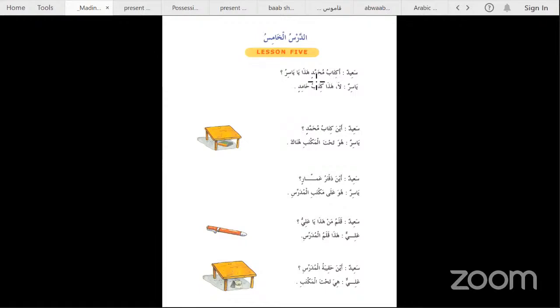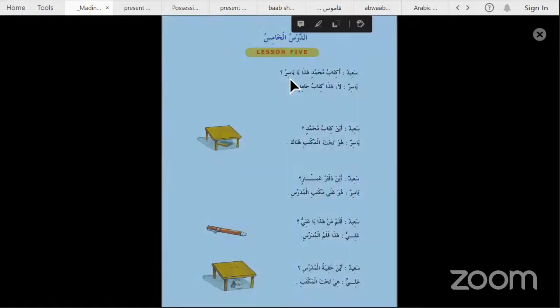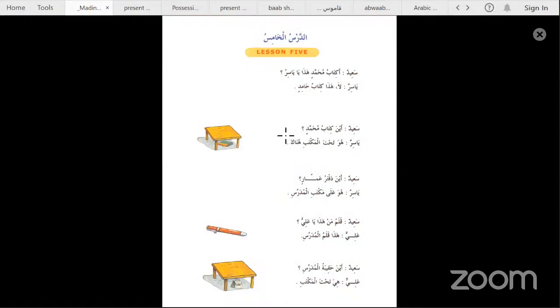So is this Muhammad's book, O Yasir? Normally when we call someone, we call them first, and then we talk about anything else. Oh Yasir, is this Muhammad's book?